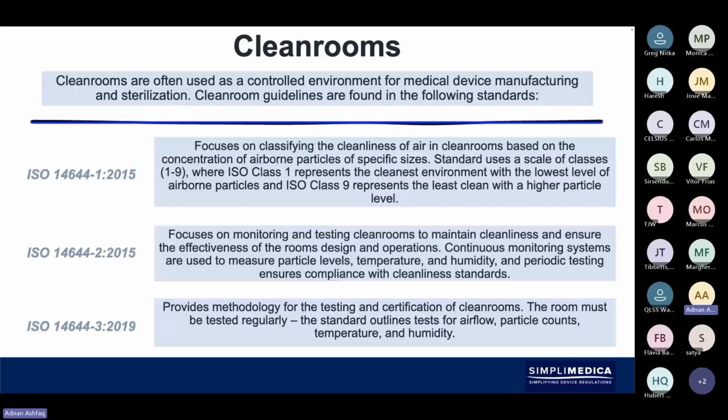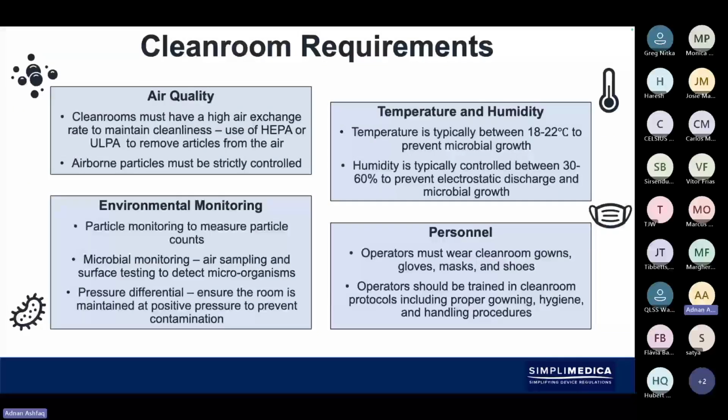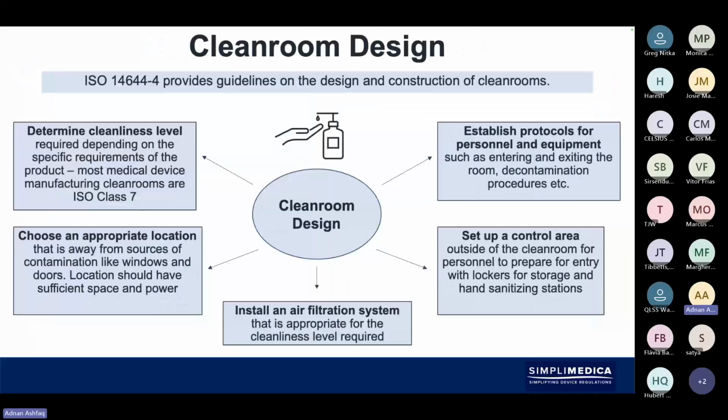So the lower the number goes, the fewer particles are acceptable, the more controlled and clean the environment. So this is very important, looking at classification of clean rooms. The air quality has to be controlled. You have to then look at environmental monitoring, temperature and humidity, and then looking at PPE, what sort of, do you need to wear gowns, masks, what rigor needs to take place within the clean room.